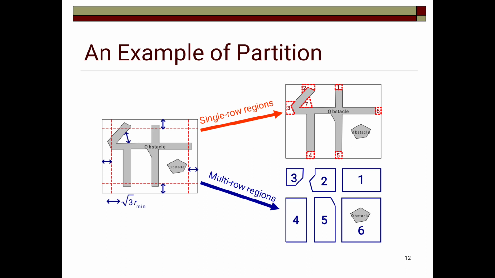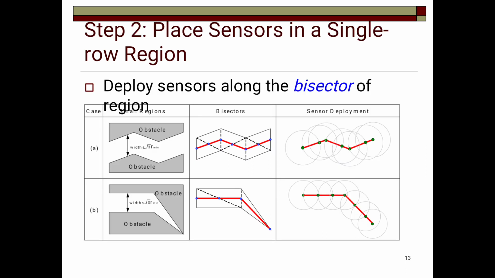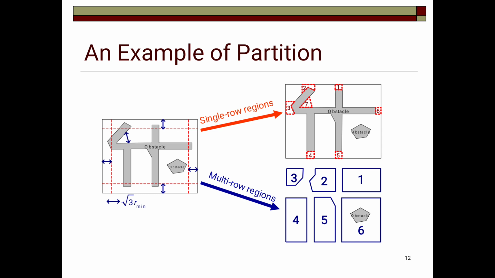In multi-row regions, here we have 2 regions. There may be obstacles in that. Even in single row regions, there are obstacles. Even in multi-row regions, there are obstacles. And you see, single row regions and multi-row regions can be placed like that.